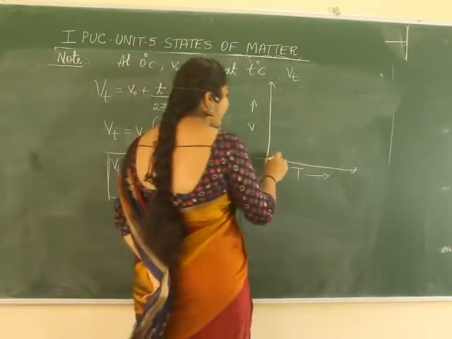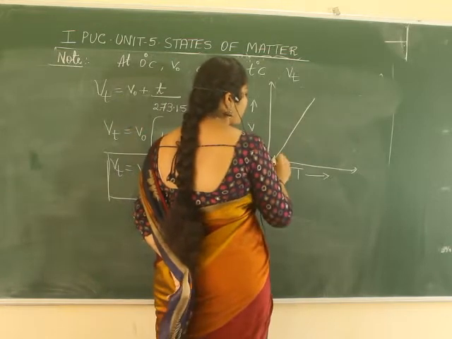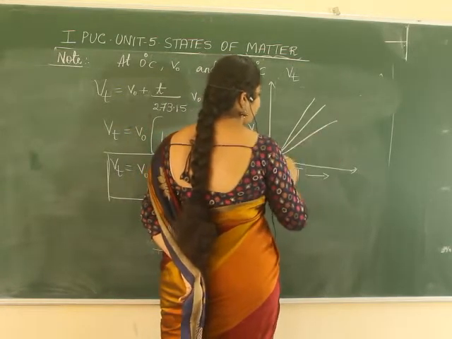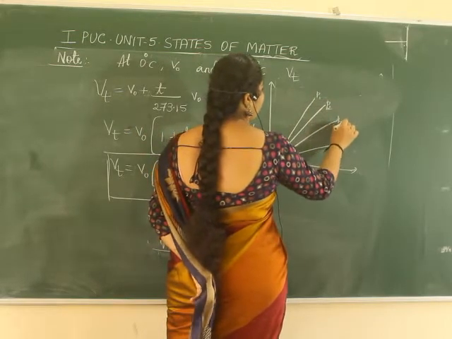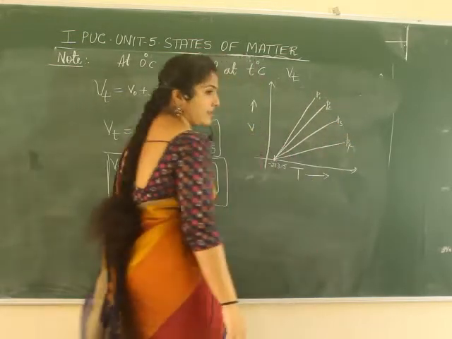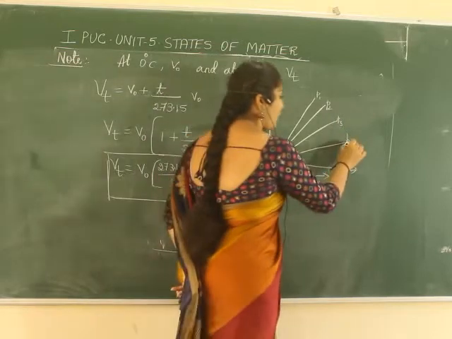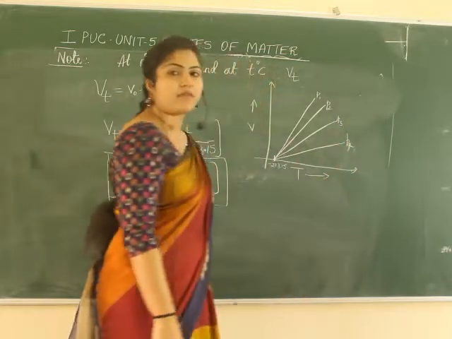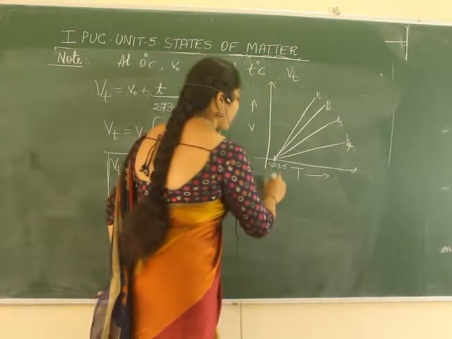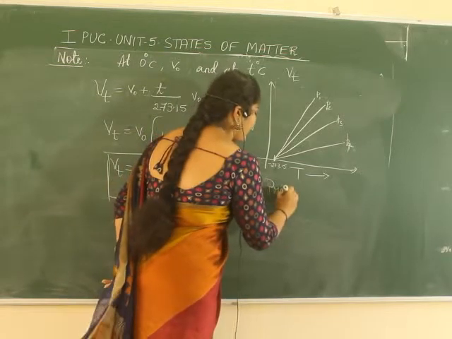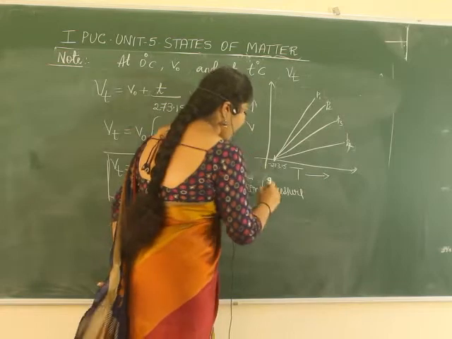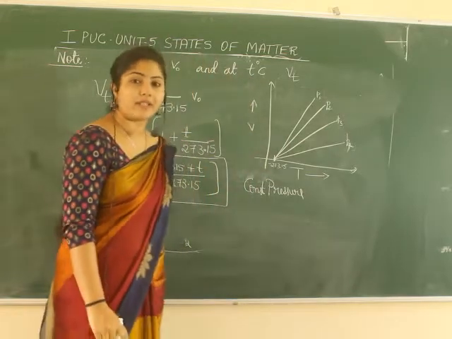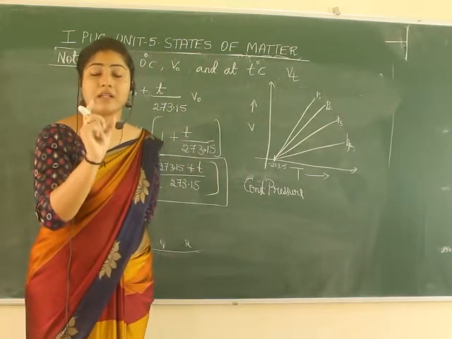Now, when the graph is plotted at constant pressure, you see the graph this way: P1, P2, P3, P4, like this. What is the graph now called? See, it is for constant pressure. For constant temperature, I have told you, we use the term therm.